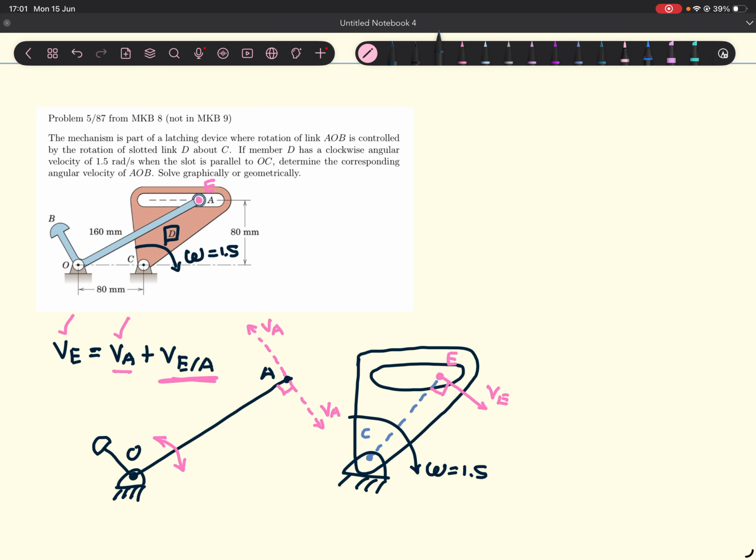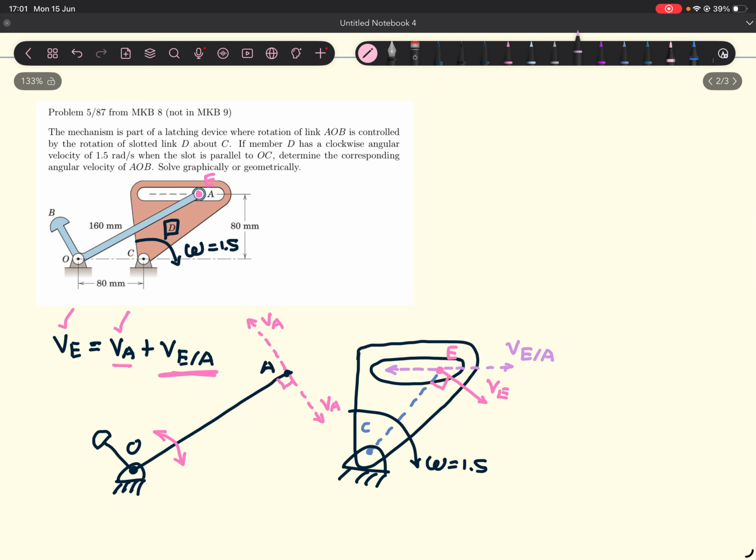If that's the case, then the relative velocity will always be along the slot, right? So the relative velocity could be pointing to the left or to the right, and this is going to be VE relative to A.